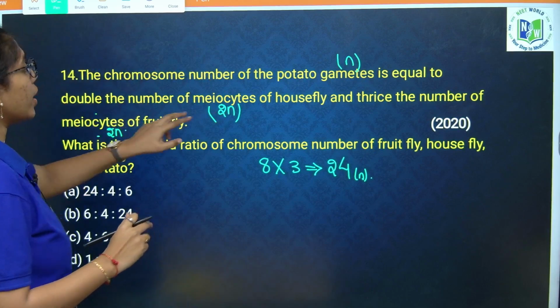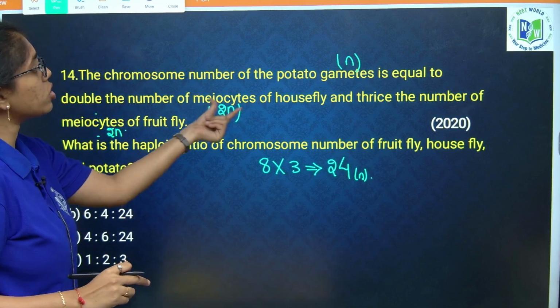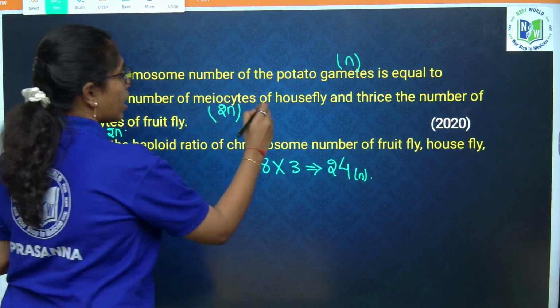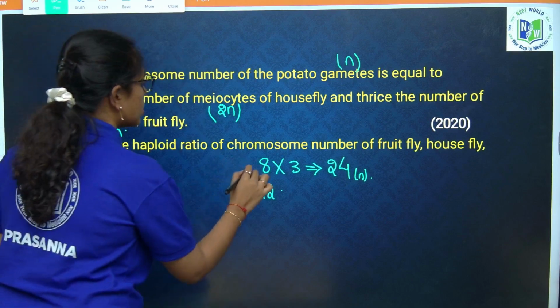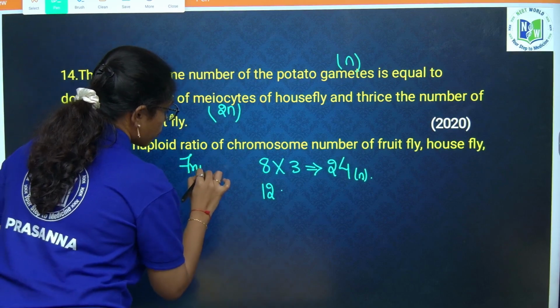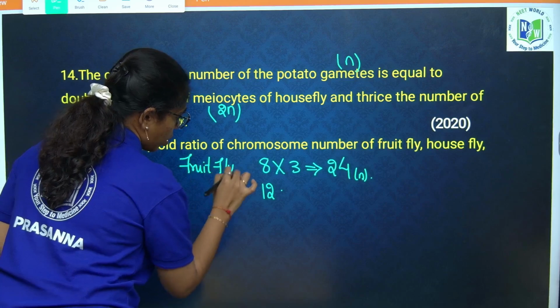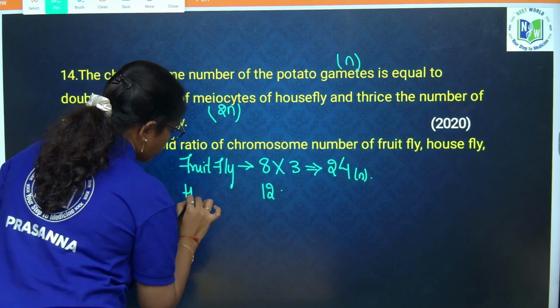Next, it is double the meiocyte of housefly. For housefly, the meiocyte chromosome number is 12. This is for fruit fly, that is Drosophila, and this is for housefly.